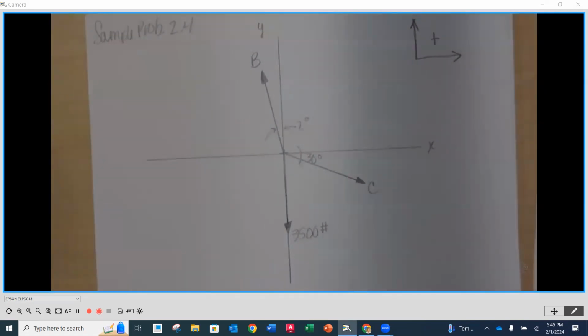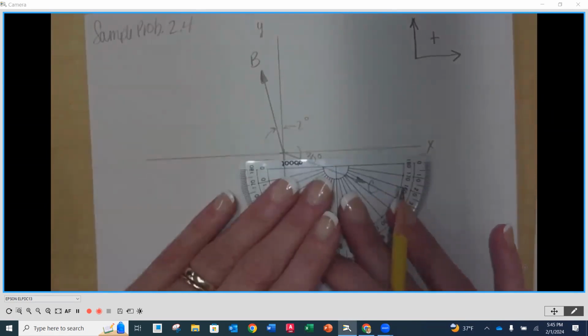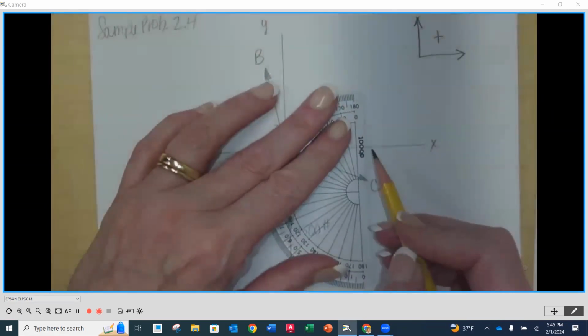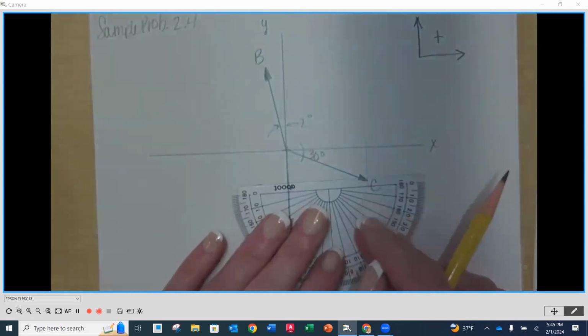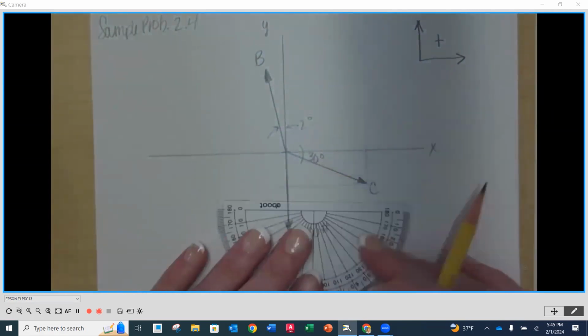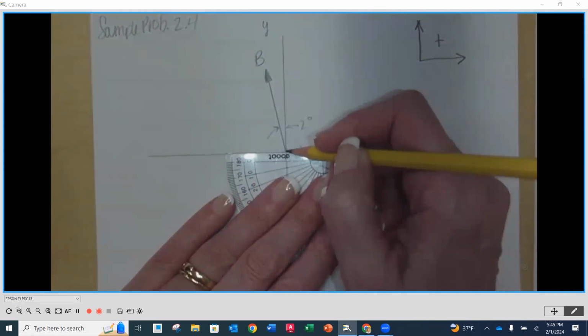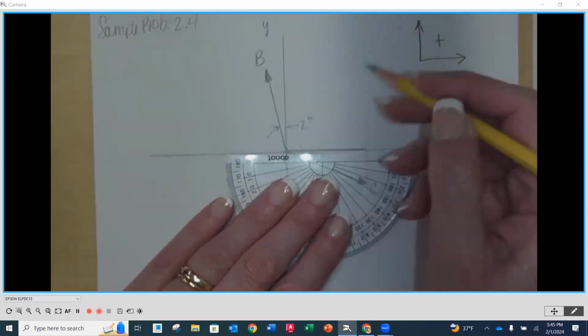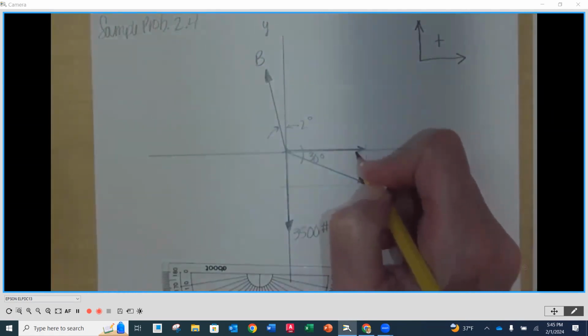Anything that is not on the X and Y axis already, because we're going to use the rectangular component method, we want to get rectangular components for. So for the first one, through my endpoint of C, I'm going to lightly put construction lines here, or you can put dotted lines, and I'm going to identify my X. Make sure that you're going over.